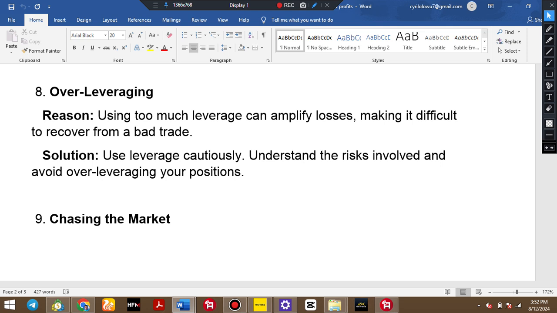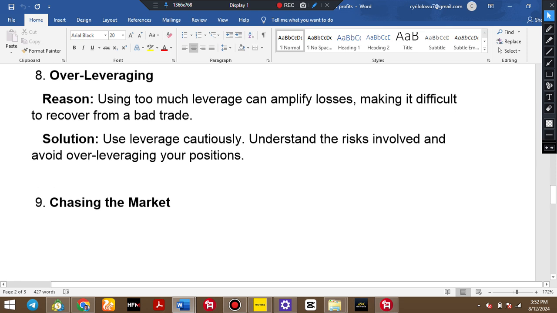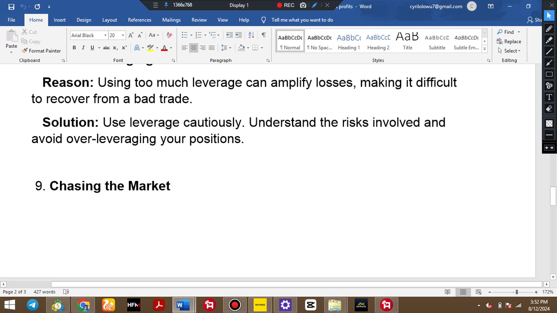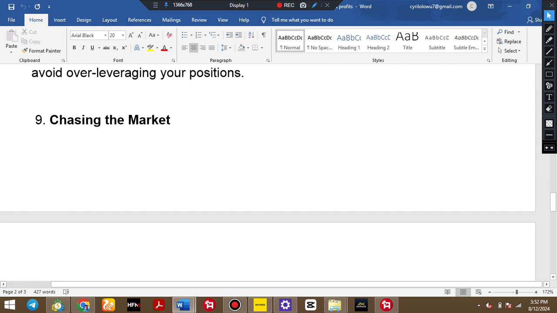Talk of Step Index. When you are not well informed on how these things work, that alone can drain your account before any other condition comes in. That is why you must be very prepared. So the solution is to use leverage cautiously, understand the risk involved, and avoid over leveraging your position.